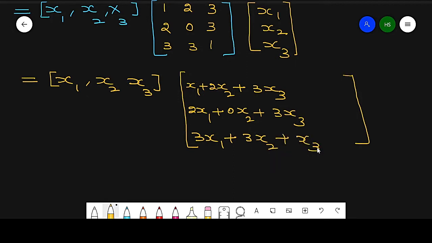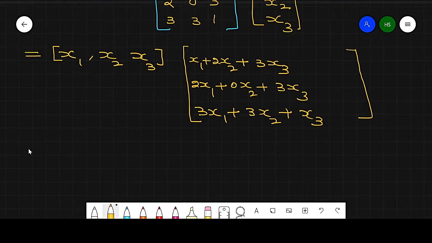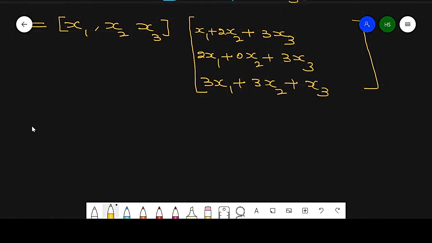Now again multiply this. The first is multiplied by x1, so x1 into x1 plus 2x2 plus 3x3.